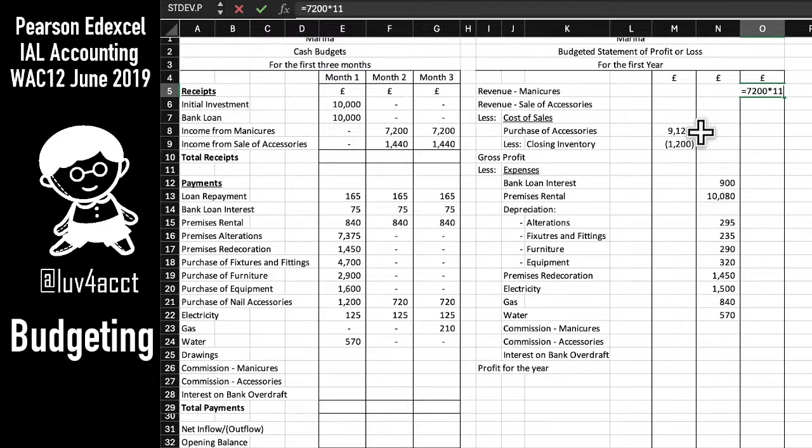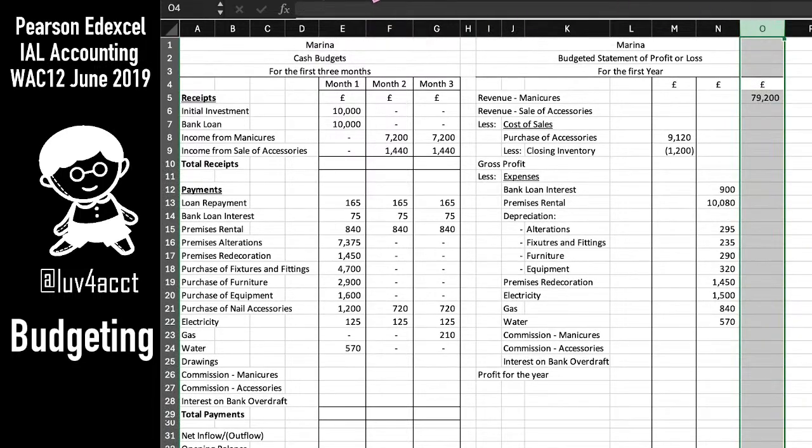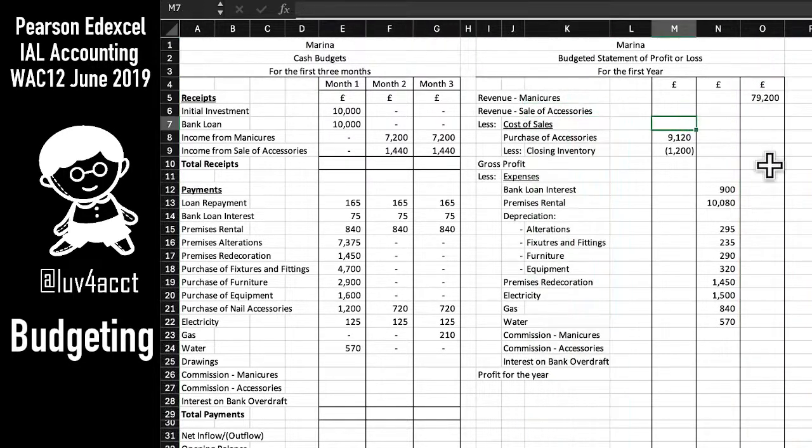7,200 multiplied by 11. Okay, formatting is important in accounting. So this is for 11 months only, so don't multiply by 12.